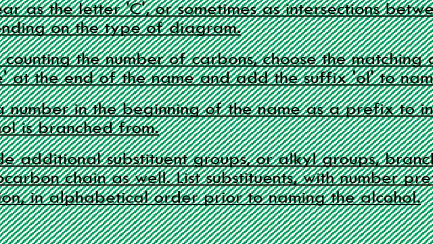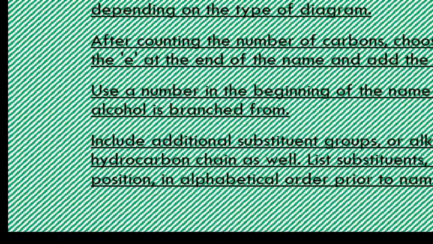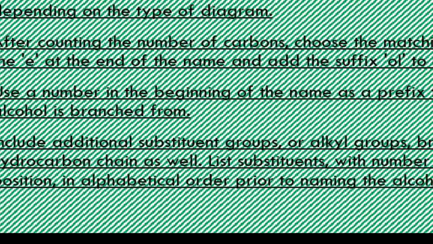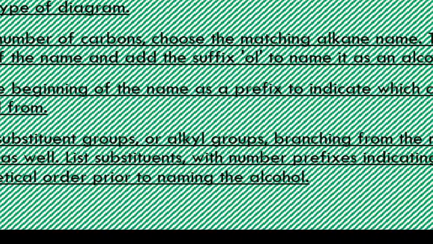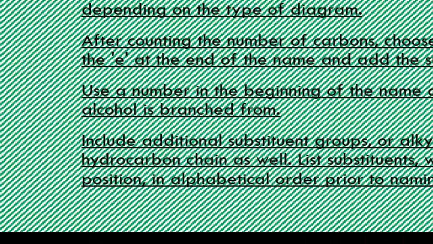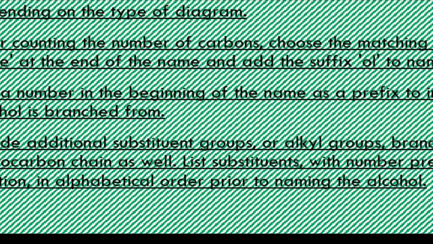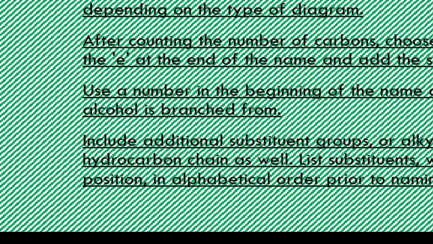Including the additional substituent groups, if alkyl groups are branching from the main hydrocarbon chain as well, list the substituents with the number as prefix indicating their position in alphabetical order prior to naming of the alcohol. So if a number of substituent groups are present over there, they are to be arranged in alphabetical order irrespective of their positions.